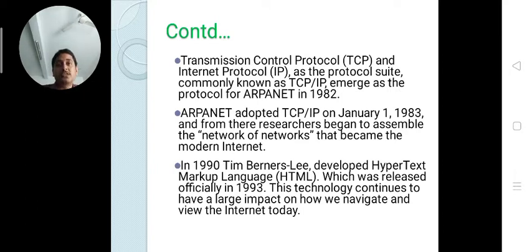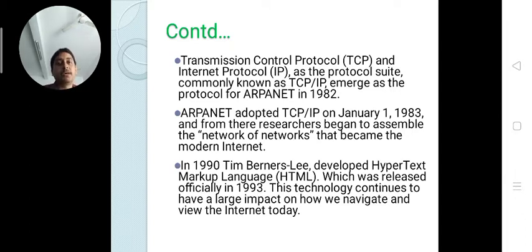But protocol 1 is not understandable to protocol 2, protocol 2 is not understandable to protocol 3, and in the same way 4 and 5, everyone is unknown to everyone. In that scenario, how will it be possible for office 1 to communicate with office 2? Simply, they have to learn the language of office 2, and office 2, if they wish to communicate with office 1, has to learn the protocol of office 1. So it was not possible.